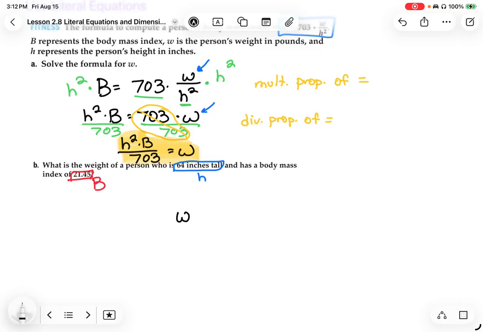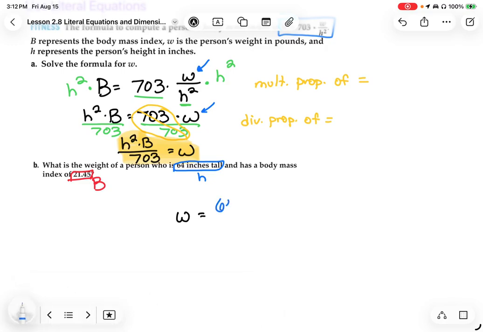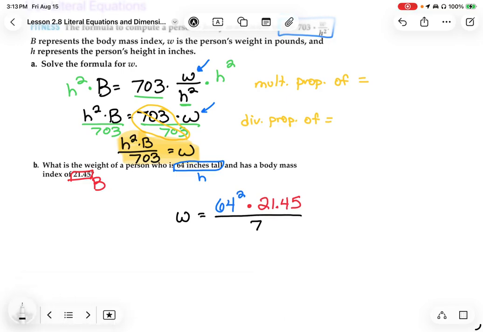Okay. So all we're going to do is take that formula, H squared times B over 703, and just replace our numbers. So H squared times B, 21.45, divided by 703.